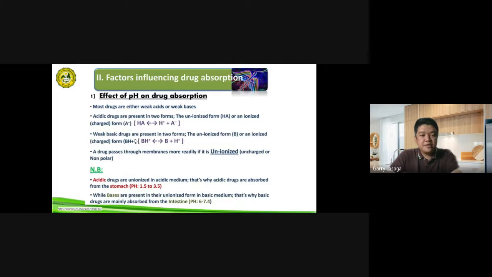For weak basic drugs, they are present in two forms, an unionized form B or the ionized form BH plus. So when we are going to put a base, a weakly basic drug, to a solution, it tends to dissociate into the base and a proton.